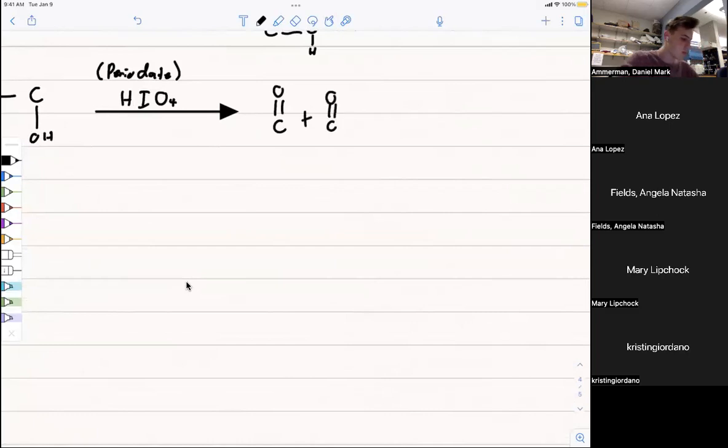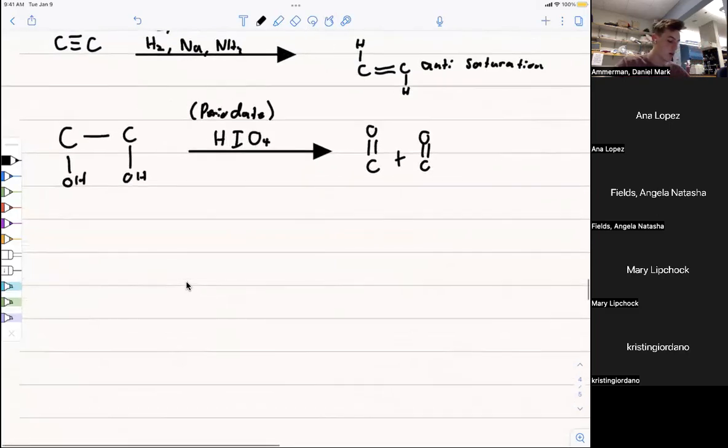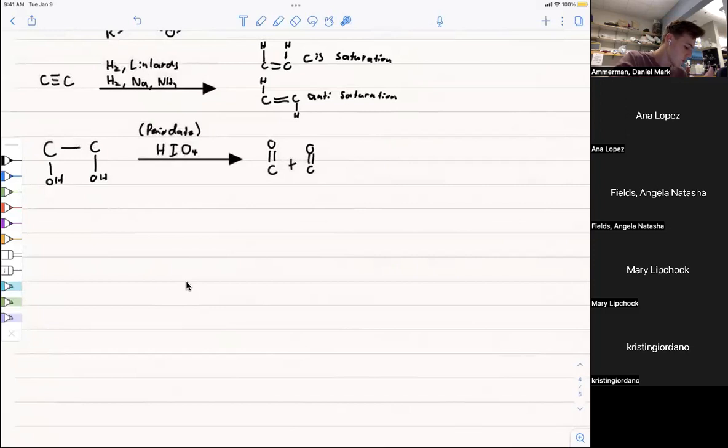So I think that's honestly the hardest one to remember, that you don't start with a double bond. Most cleavage is pretty simple. You start with a double bond and end with either aldehydes or ketones or carboxylic acids. But this one is weird because you start with alcohols and end up with cleavage. Typically that doesn't happen. So that's the one, and that's all of them.